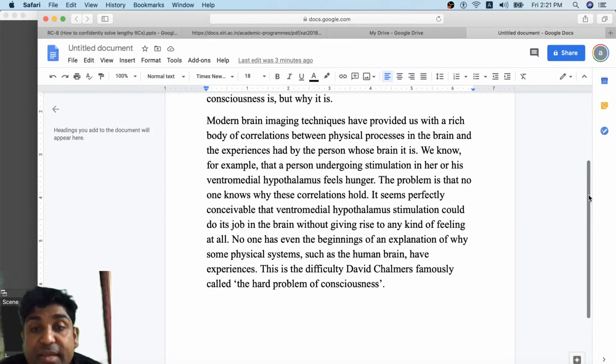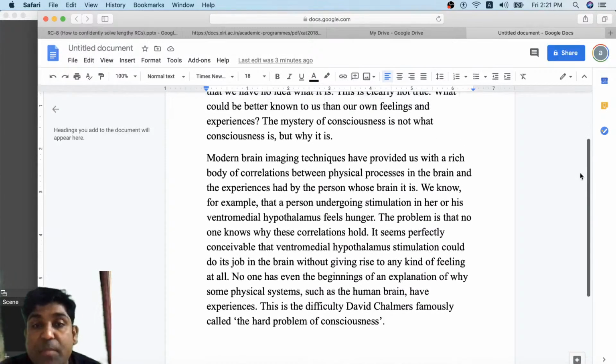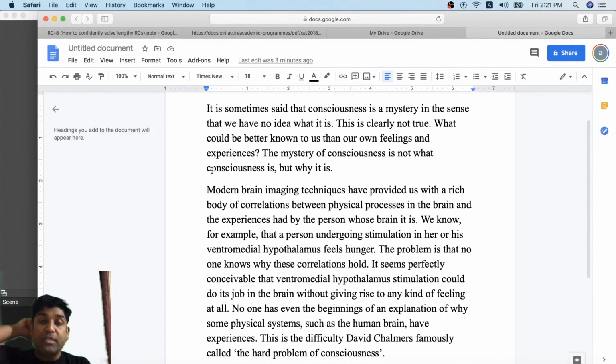This is the difficulty David Chalmers famously called the hard problem of consciousness. So if we summarize this part till here, we don't know why consciousness exists, and why the physical processes happening in the brain give us some sort of feeling or experience.